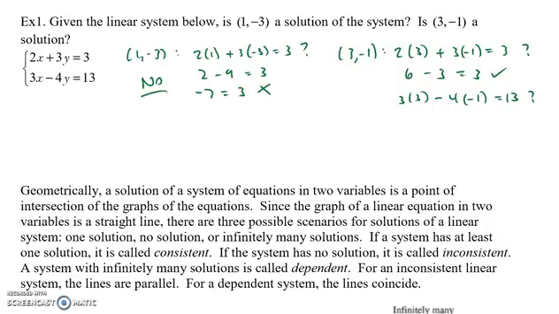The right-hand side of the second equation is 13. Well, the left-hand side here is going to be 9 plus 4 = 13. That's a true statement. So the ordered pair satisfies the second equation as well. So since it satisfies both equations in the system, (3, -1) is indeed a solution of the system.